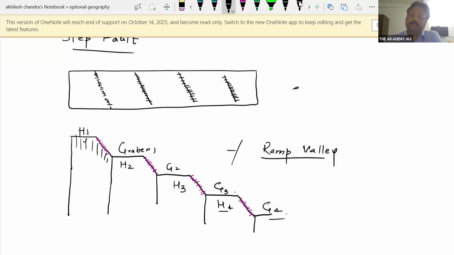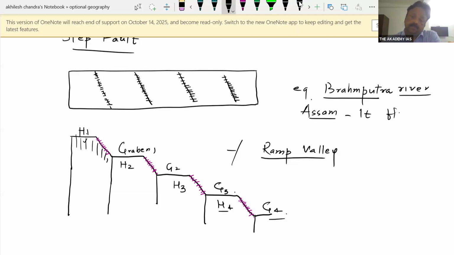Brahmaputra river, especially in Assam Valley, lower Assam, it is forming a ramp valley. It flows through a ramp valley.